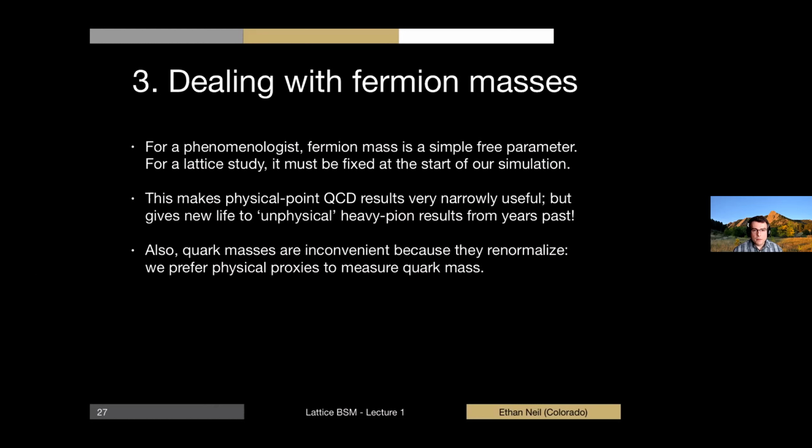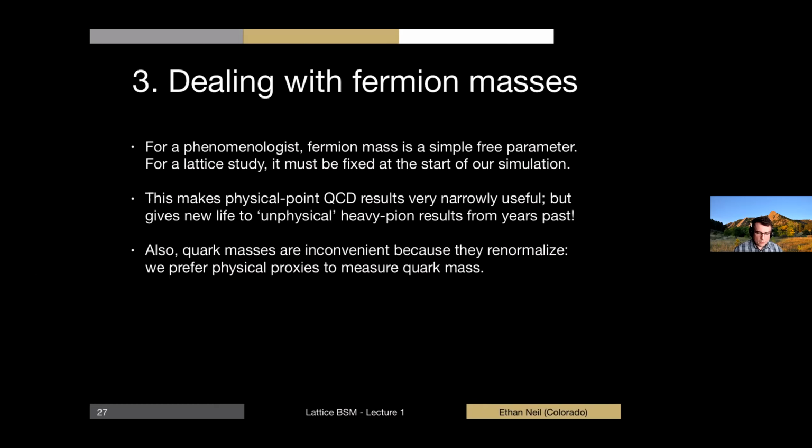What this means is that if you do a single set of results, like simulating lattice QCD just at the physical point, that's great if you're interested in QCD, but it's very narrowly useful because you can't easily change the fermion mass. You can't easily say, well, what if we lived in a world where pions were one GeV instead?